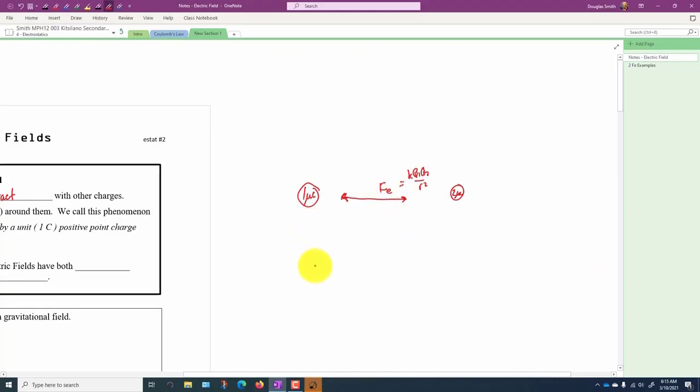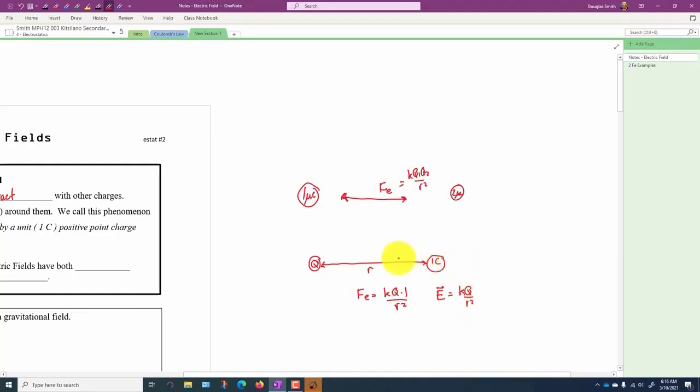So then let's suppose we have some charge here, Q, and then some distance R away from the Q, we have another charge, and it's 1 coulomb. We know that the force here is KQ times 1 divided by R squared, and that's also the definition of electric field. So electric fields are vectors, they have direction. So this would be KQ divided by R squared.